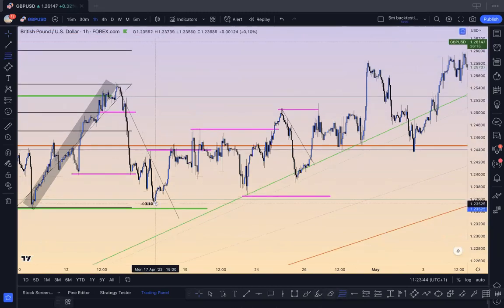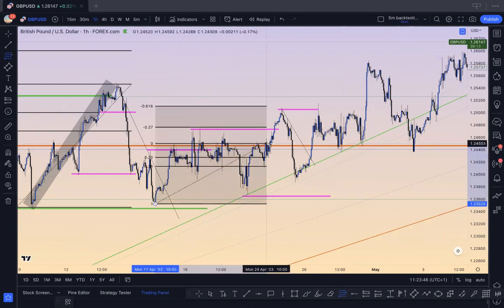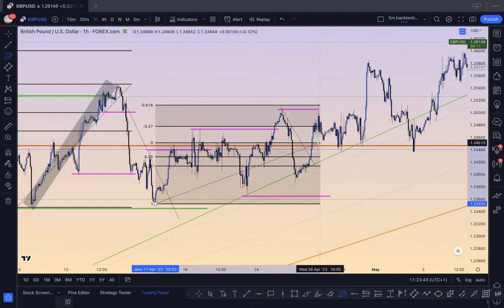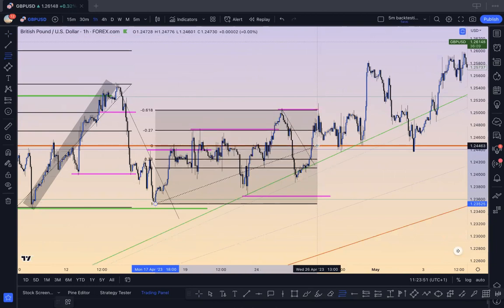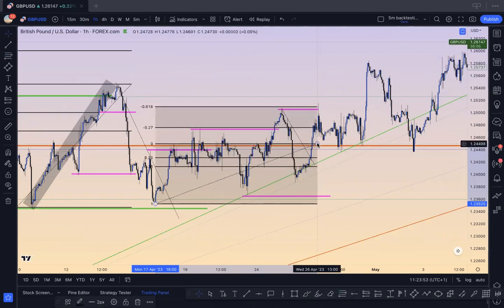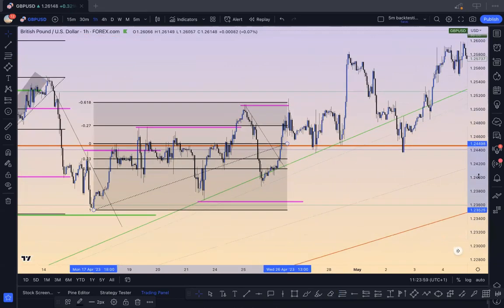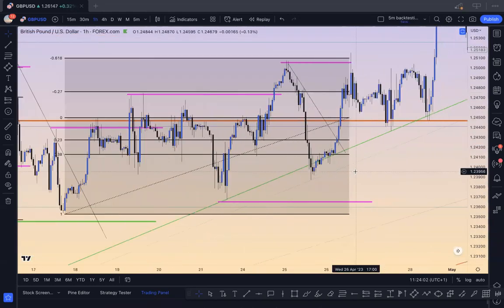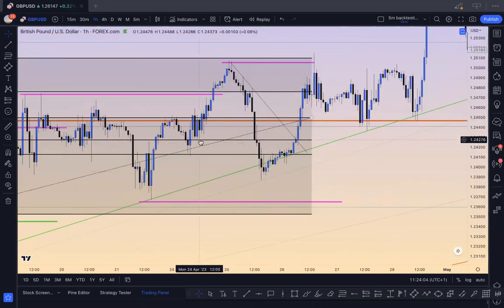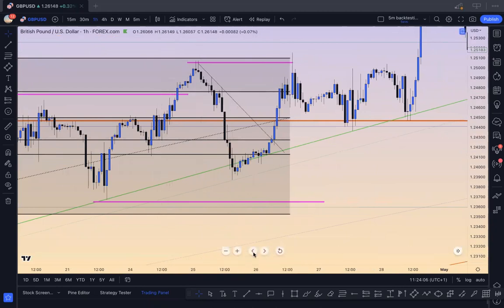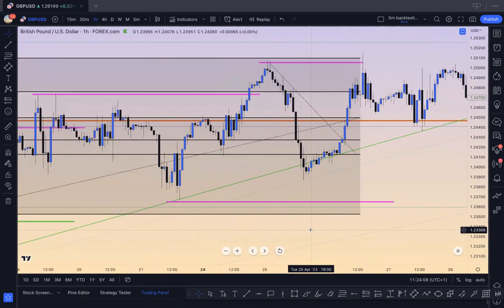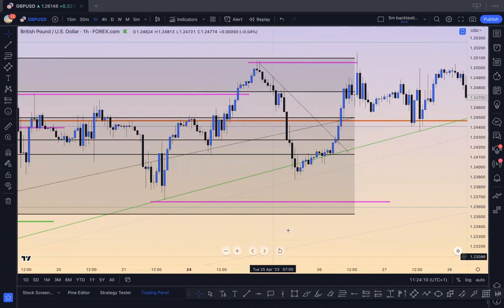Break of structure, new high, right? So this would be my new high, this one. I took a minor structure trade in here the week before because I had a break here, because here I had a trend line.